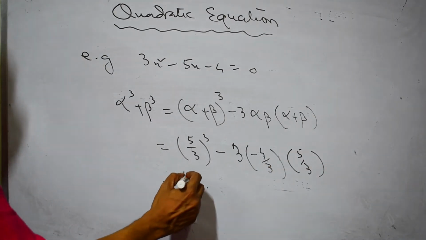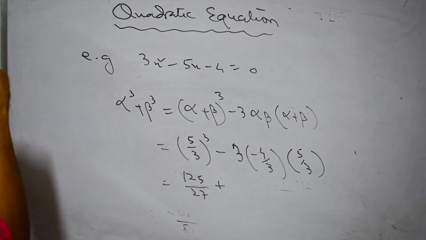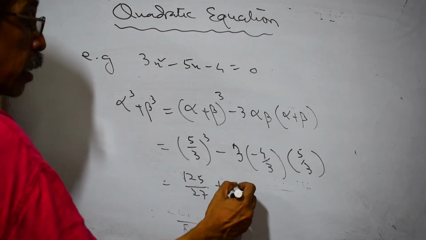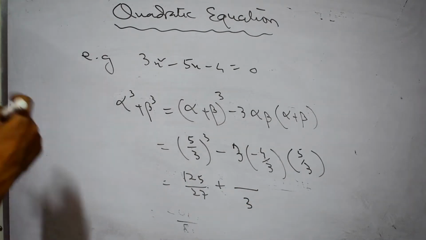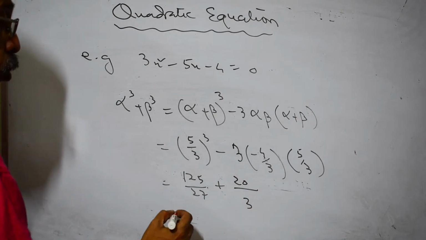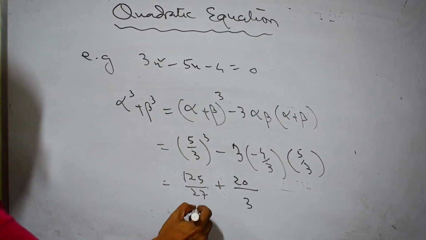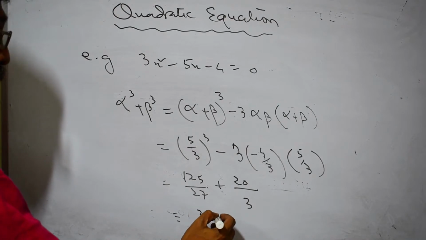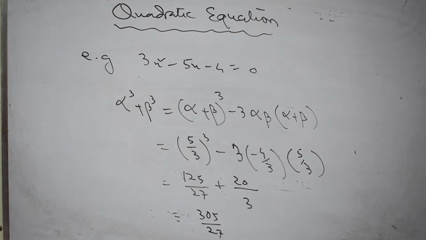So we will solve 125 by 27, then plus, and here we get 3 cancelled, the denominator is 3 and the numerator is 20. So we are getting 125 plus 180, and that is 305 by 27. This is the final answer of alpha cube plus beta cube.